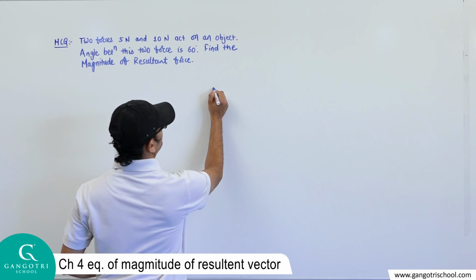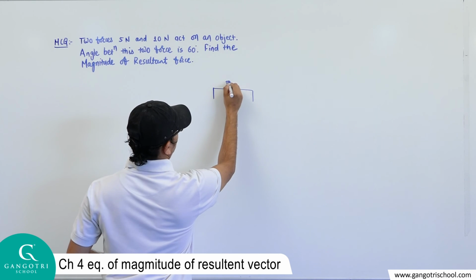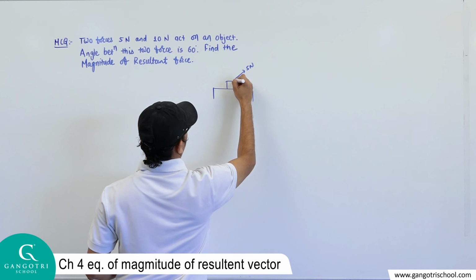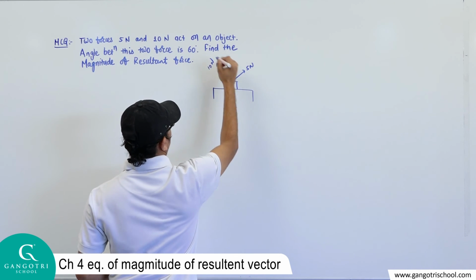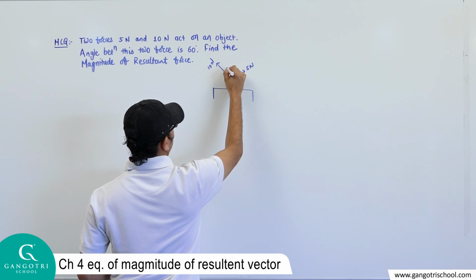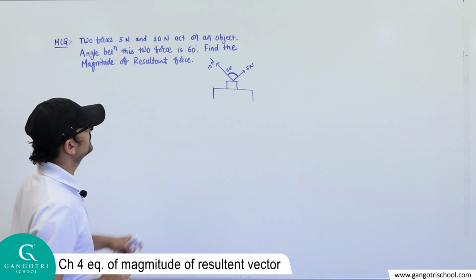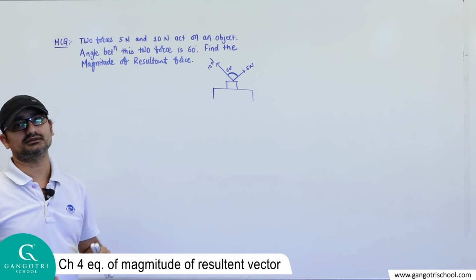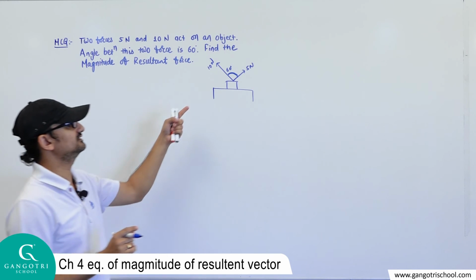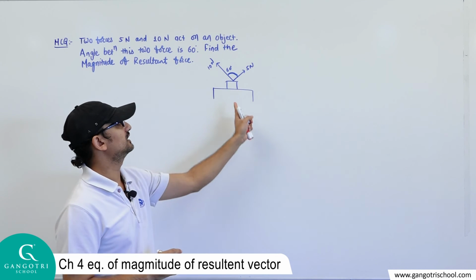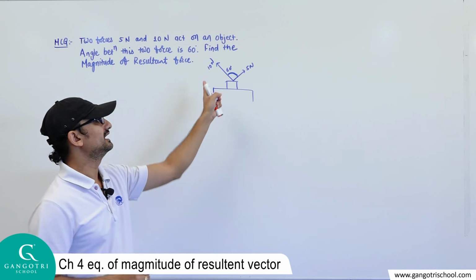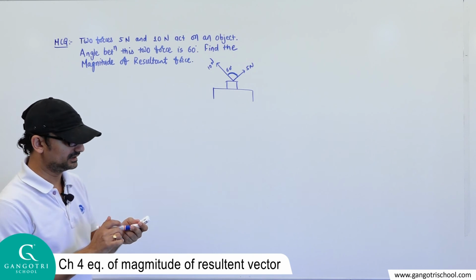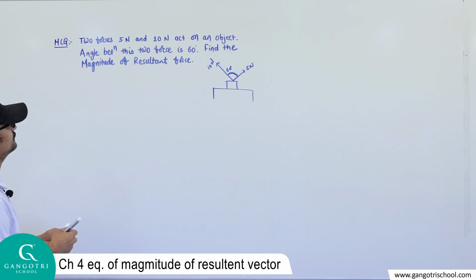For example, suppose this is an object lying on the table, and the angle between these two forces is 60 degrees. They ask us to find the magnitude of the resultant vector. So we have two force vectors, 5 Newton and 10 Newton, and the angle between them is 60 degrees, and we would like to find the magnitude of the resultant force.